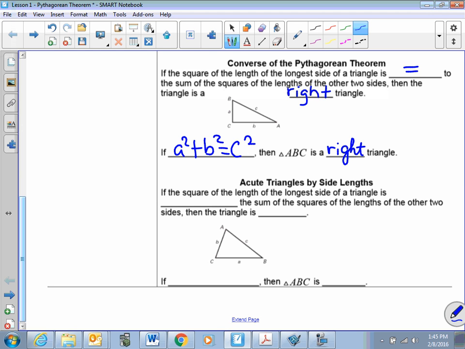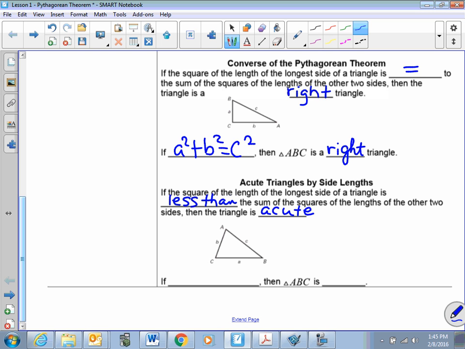All right, now we've got some other theorems that tell us whether we have an acute triangle or an obtuse triangle based on the length of the sides. This acute triangles theorem says if the square of the length of the longest side of a triangle is less than the sum of the squares of the lengths of the other two sides, then the triangle is acute.